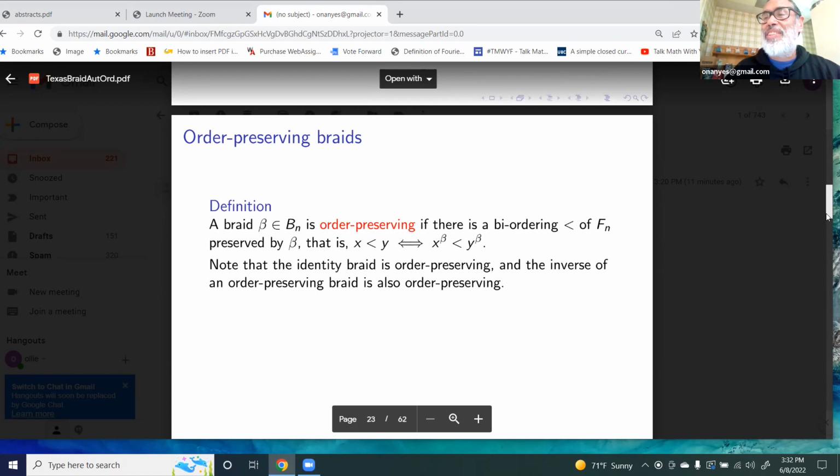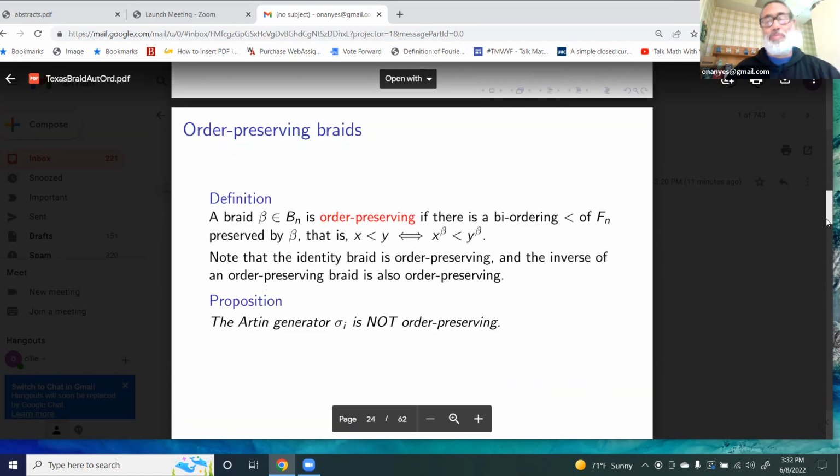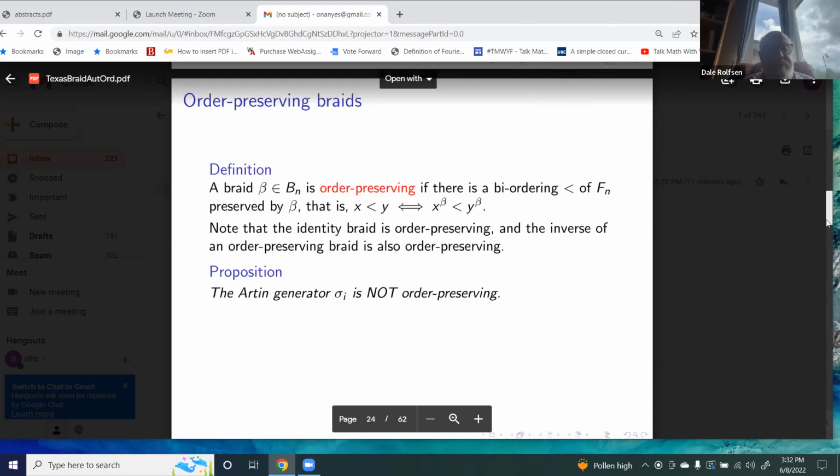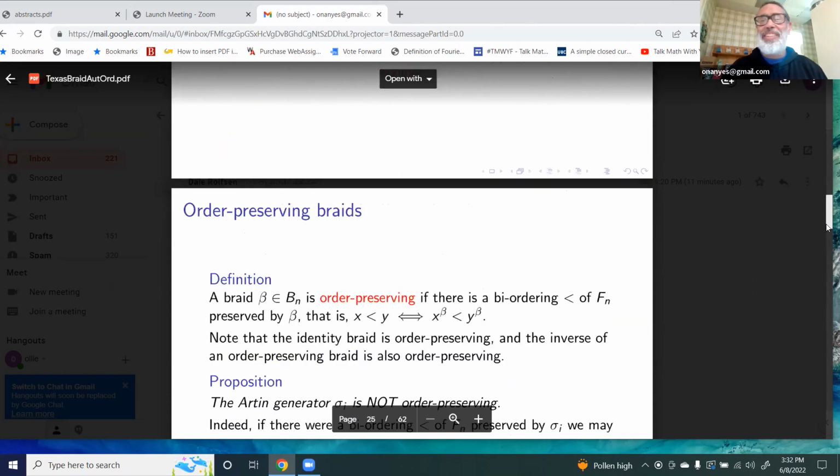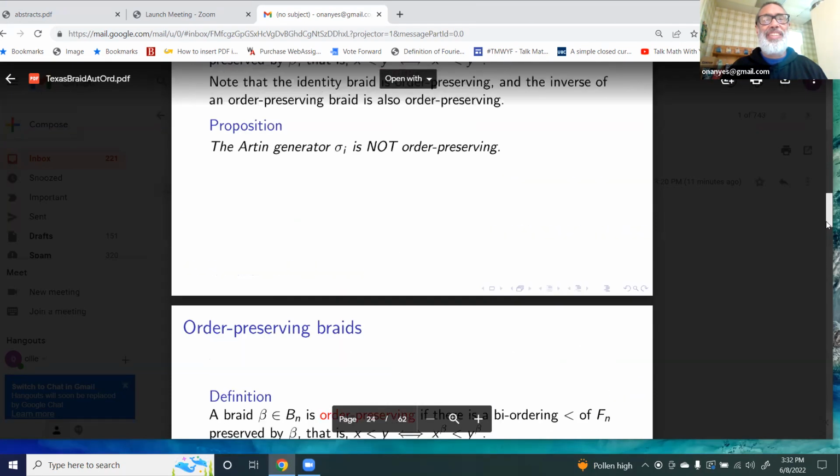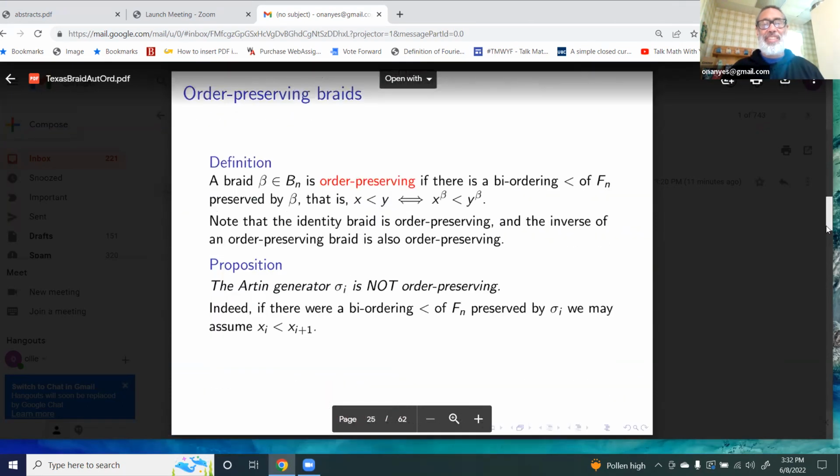Now, the generator sigma i, I claim, is not order preserving. To see this, assume that it is. If there were a biordering preserved by sigma i, assume that xi is less than xi plus 1.